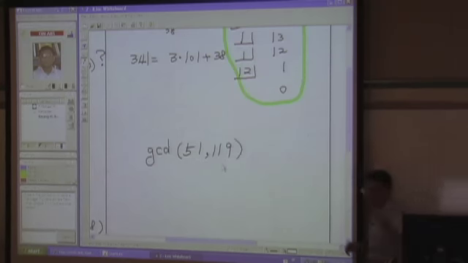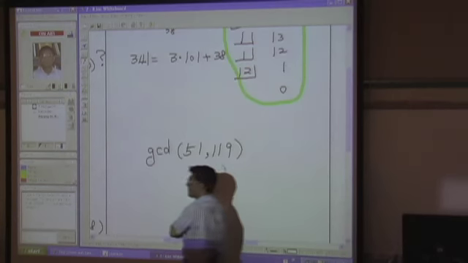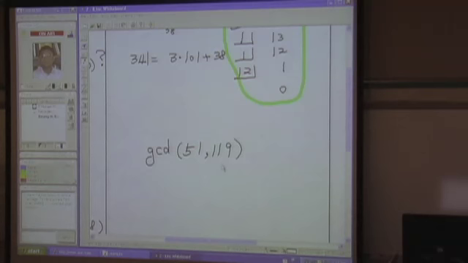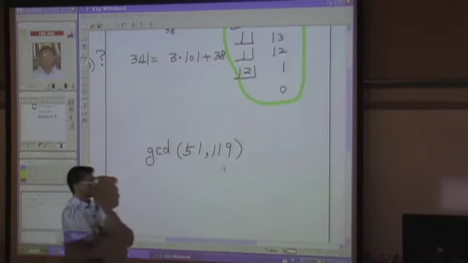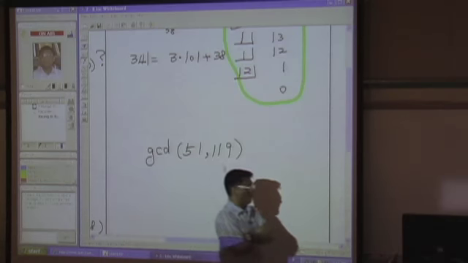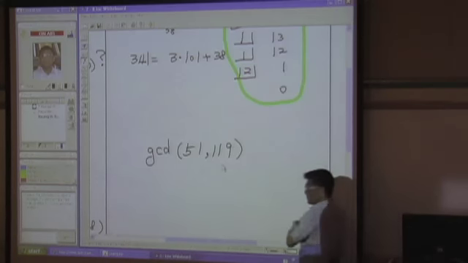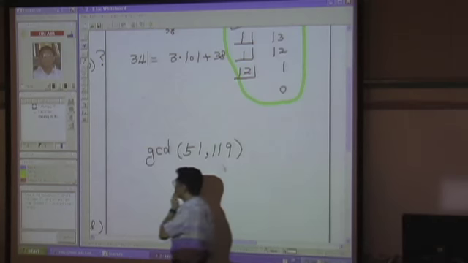Find the GCD of these two numbers. Anybody who finds it, let me know. Anybody? Anybody?